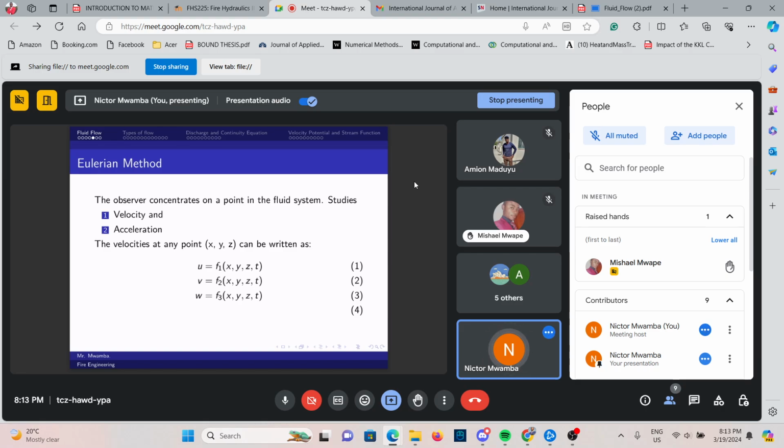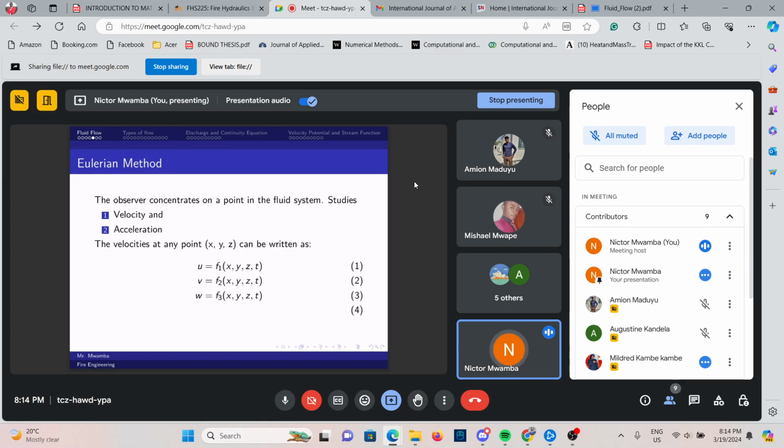And then for us to make an observation, there has to be time. That is the t that we have there. So the velocity is dependent on the space and the time. Okay, is that how is that?